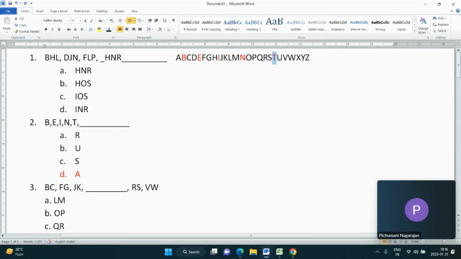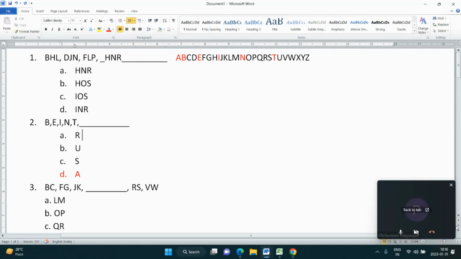Between T and N, I have 5 characters. Between N and I, I have 4 alphabets. Between I and E, I have 3. Between E and B, I have 2. And now I have only 1. So that is A. That's how the answer is formed.